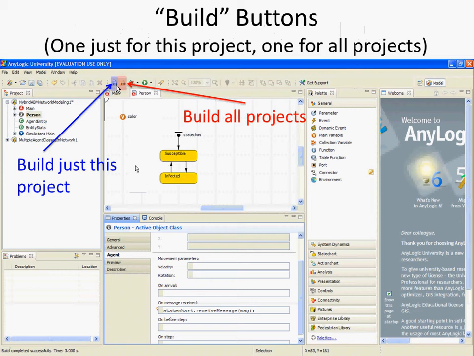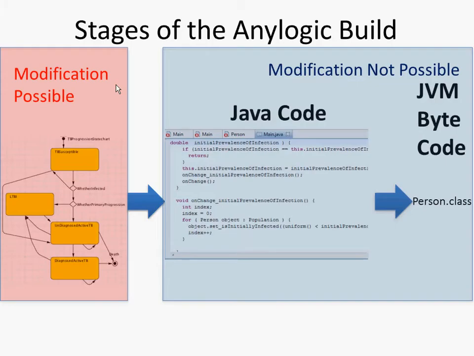So there's two types of broad errors that will come up in this process. One error is that AnyLogic won't be able to go from here to here because it doesn't know what you mean. You've done something which flummoxes it. For example, you have a transition arrow that doesn't go anywhere. It just sticks out into space. It says, I don't know what that means.